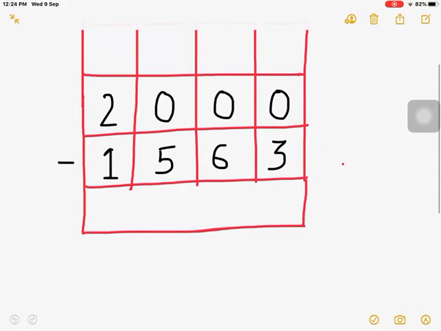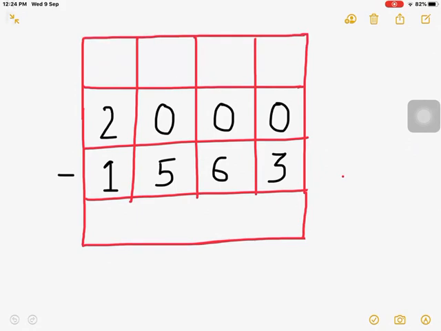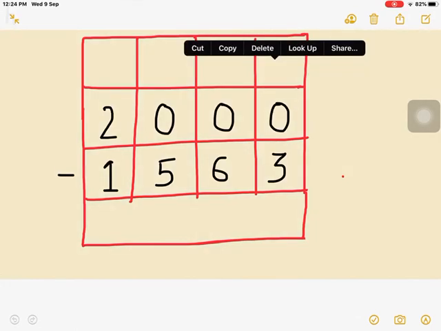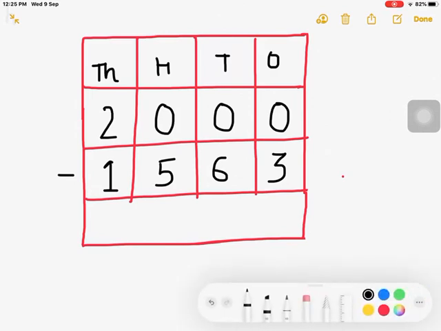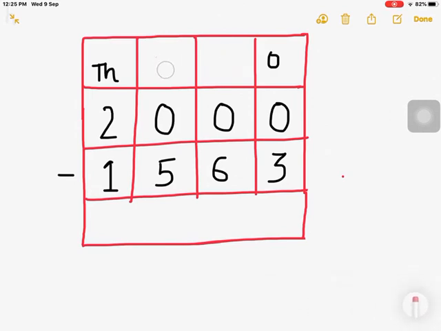Here 0 minus 3 we could not subtract, so it has to borrow from the tens place, and again the tens is already 0, so it has to borrow from the 100 place. That is also already 0, so it has to borrow from the 1000 place.